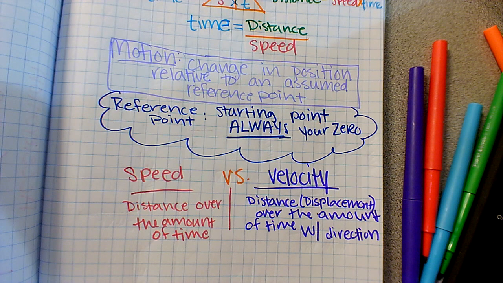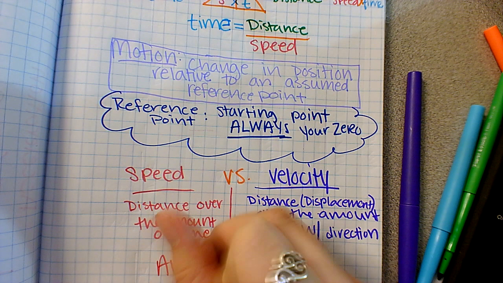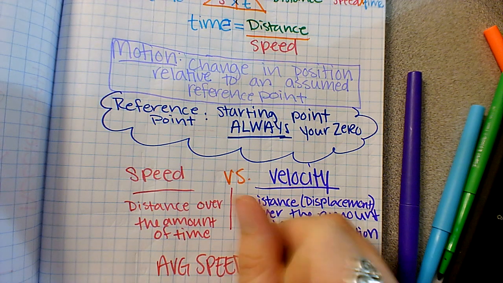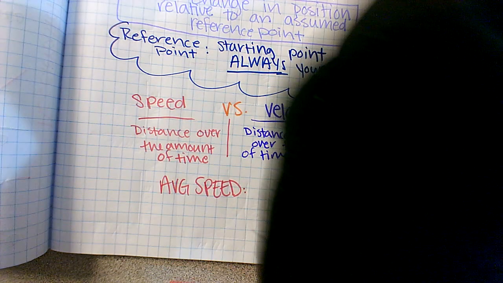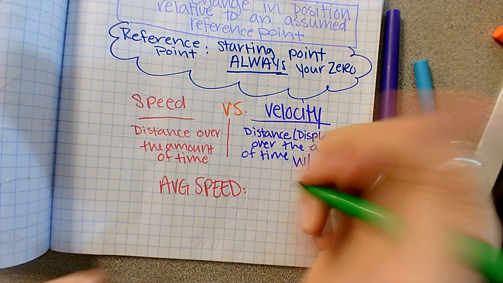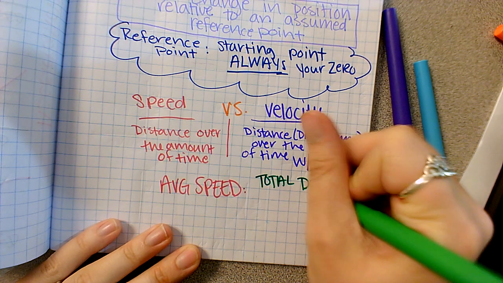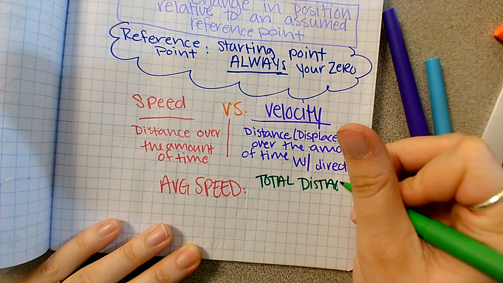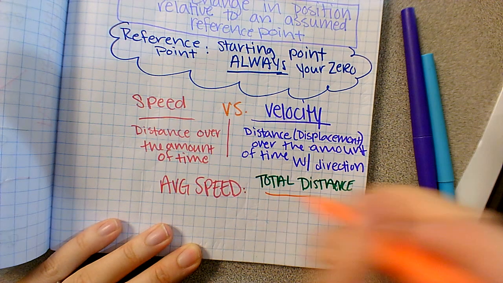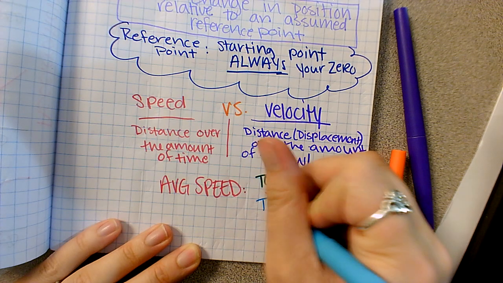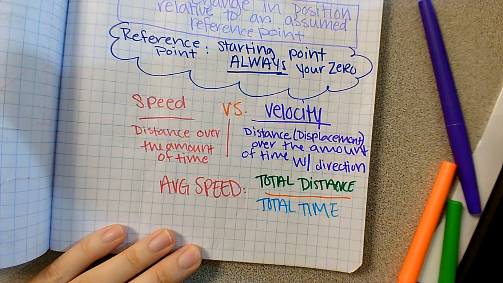So when they ask for average speed, all you're going to do, still the same thing, and on your star it's going to ask you this, and it's going to say total distance over total time. Okay? That's the important part.